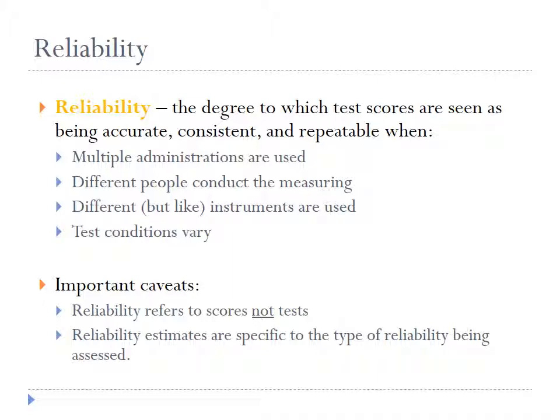If you are clinically depressed, your score on the Beck depression inventory should consistently, reliably reflect that. Whether I tested you today, tomorrow, a week from now, or if we had different people administer the test to you, you should have consistent results.